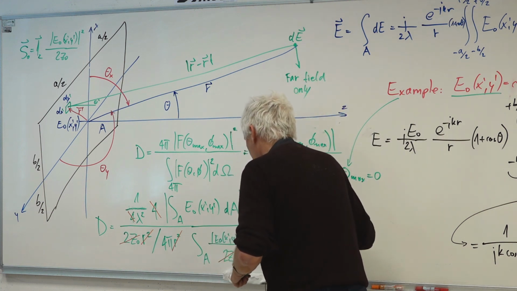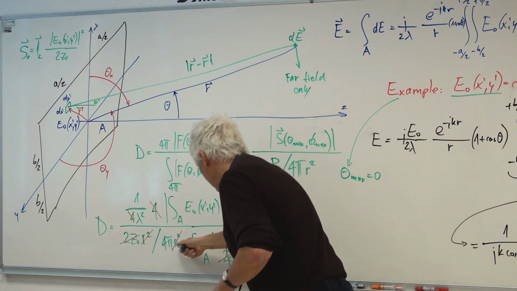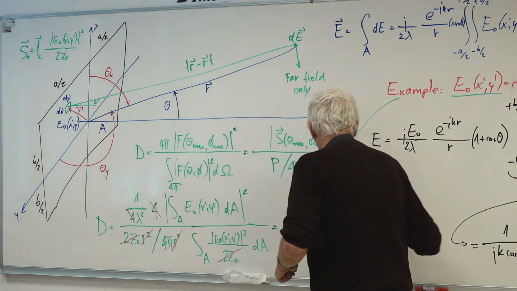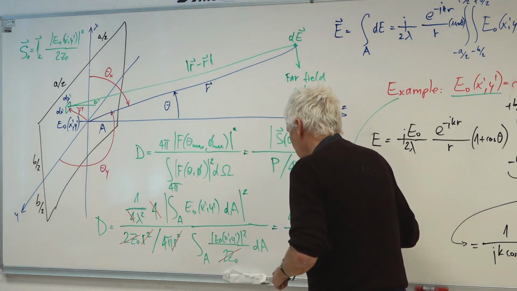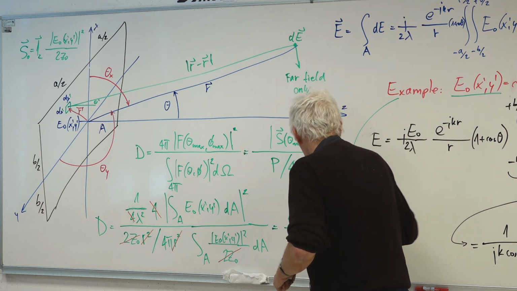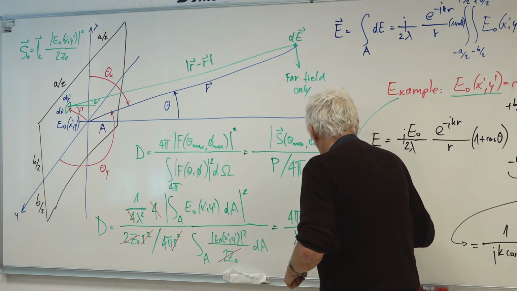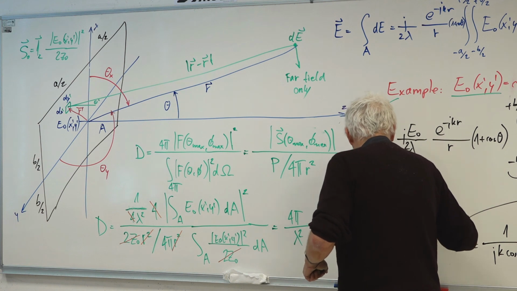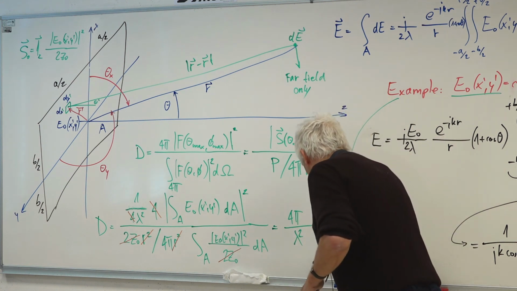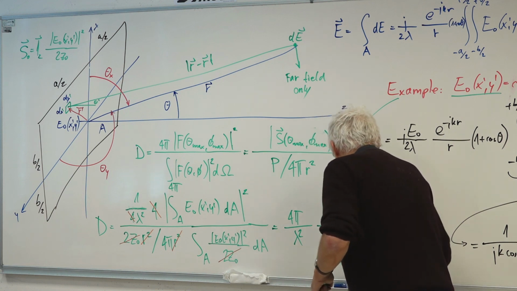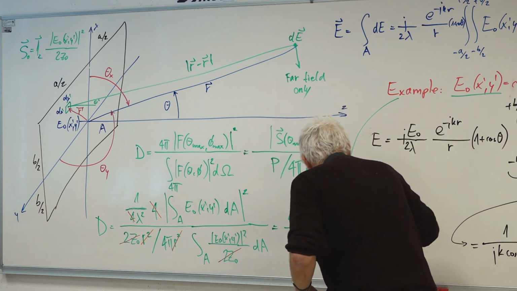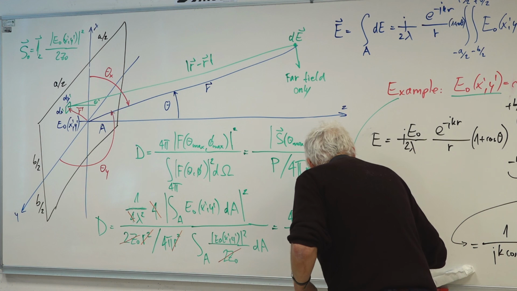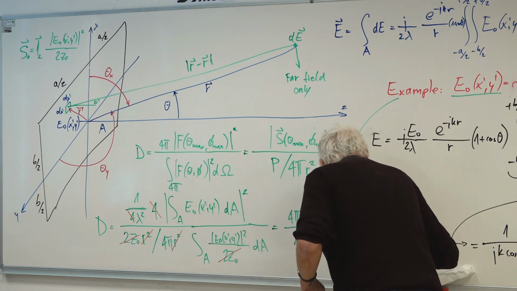We have 4 pi in the denominator divided by lambda squared, and we have the integral over A of E0 of x prime y prime dA, squared, divided by the integral over A. The 2z0 we cancelled out, so we have E0 of x prime y prime absolute value squared dA.